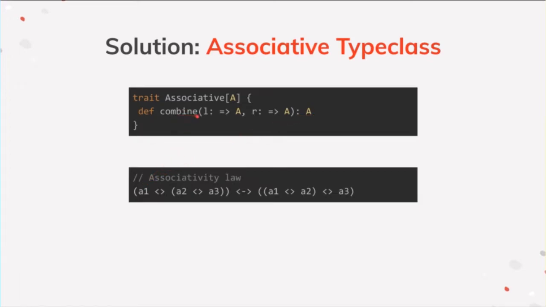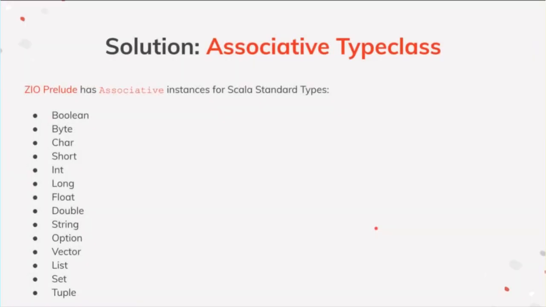So now let's try again, but this time using ZIO Prelude. So before, for combining stats, we had a combine method. Now, instead of implementing that combine method all by ourselves, I'm going to implement an Associative instance for stats. So here I'm creating that instance, and creating that instance means implementing this combine method. In this case, we need to combine two stats to return another stats.